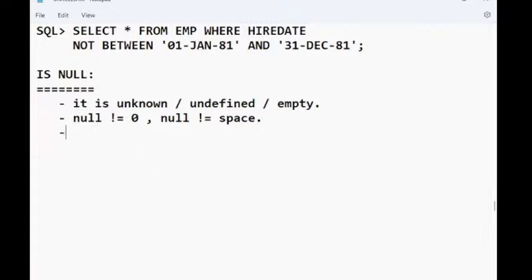So finally, what do you want to say? The IS NULL operator is used to compare nulls in a table.